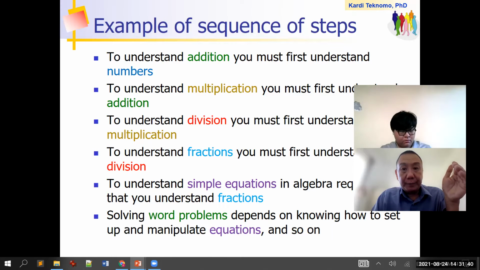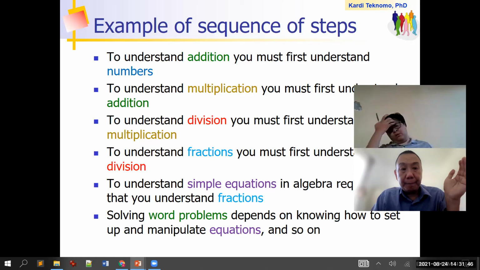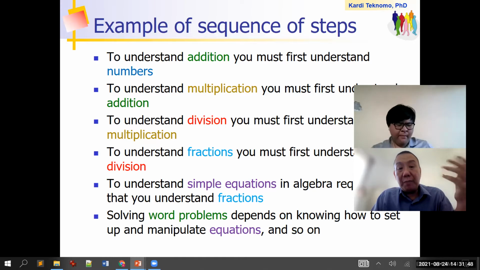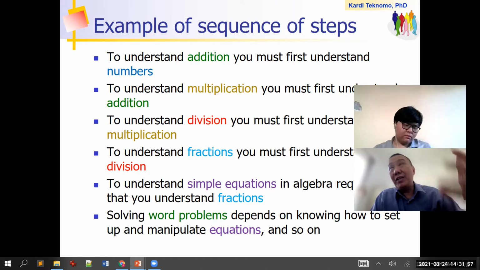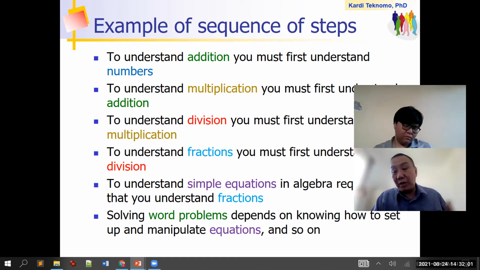So we have the steps of inference. Say from numbers you will learn about addition. From addition you will learn about multiplication and division and so on. Right.